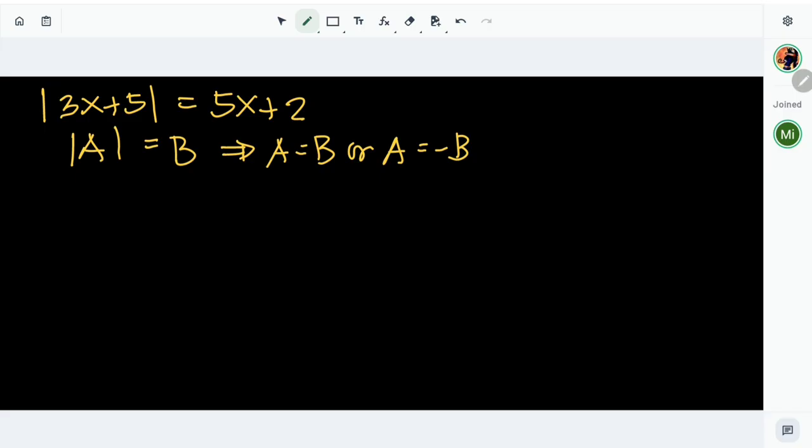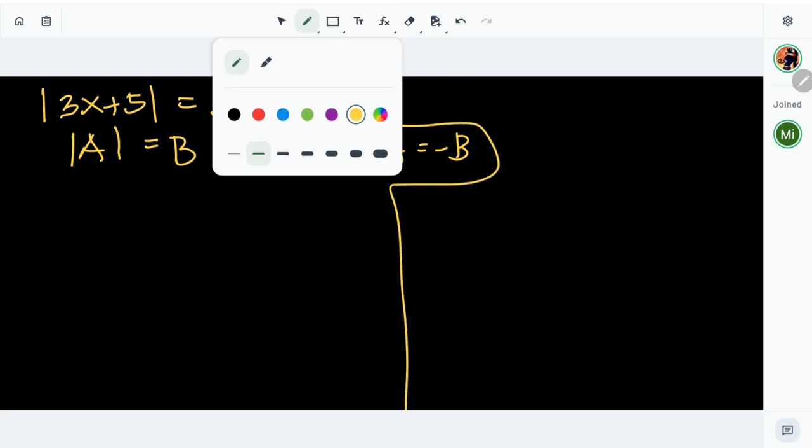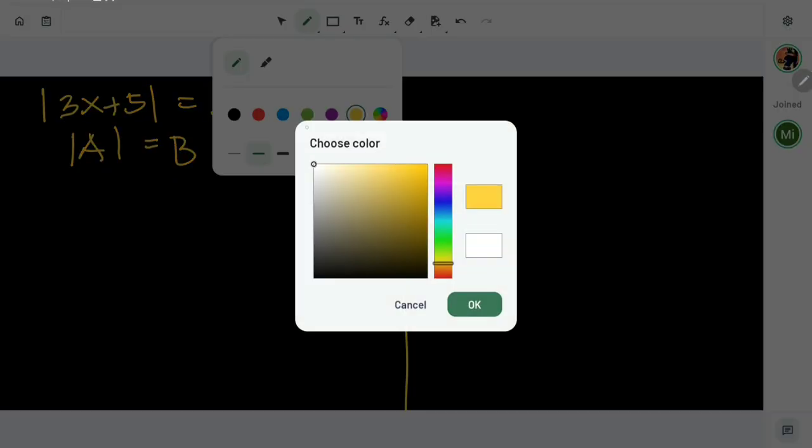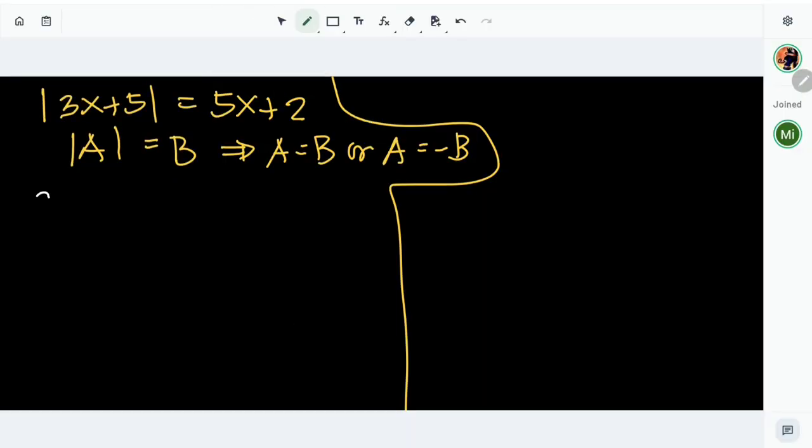So we can do like this. Case 1 is 3x plus 5 equals 5x plus 2.